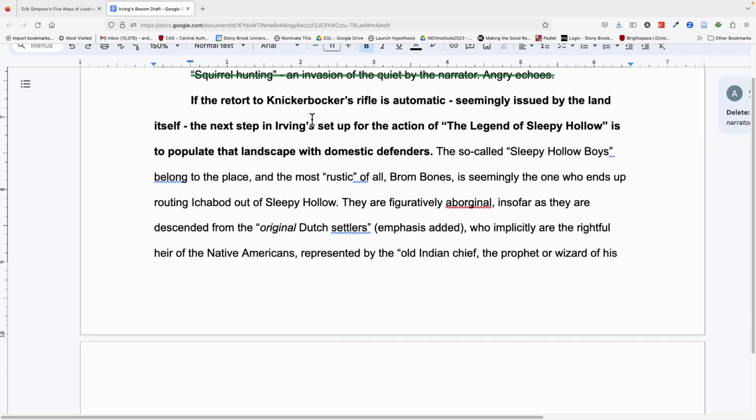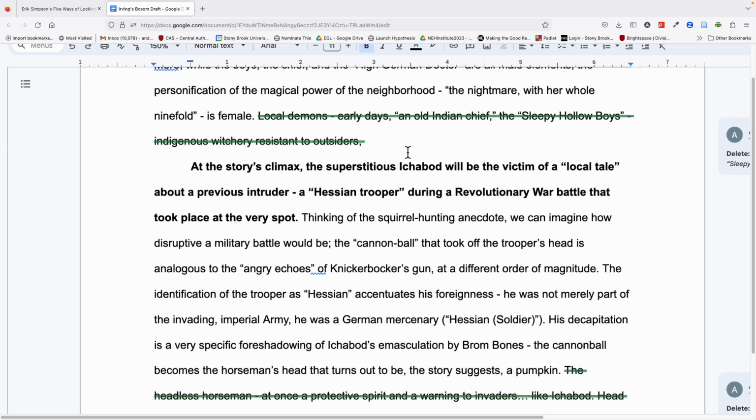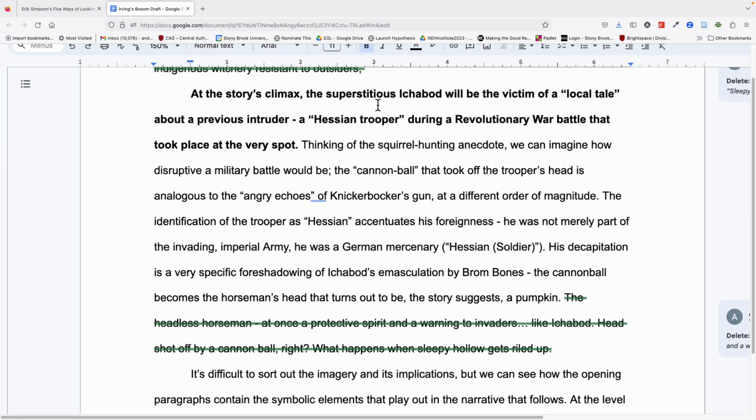Again, pointing towards the evidence, it's an interpretive claim about evidence rather than an abstract interpretive claim or a descriptive claim. "At the story's climax, the superstitious Ichabod will be the victim of a local tale about a previous intruder, a Hessian trooper, during a Revolutionary War battle that took place at that very spot."